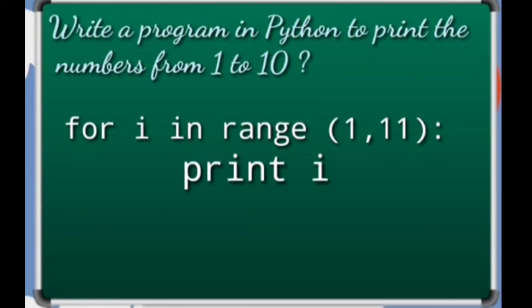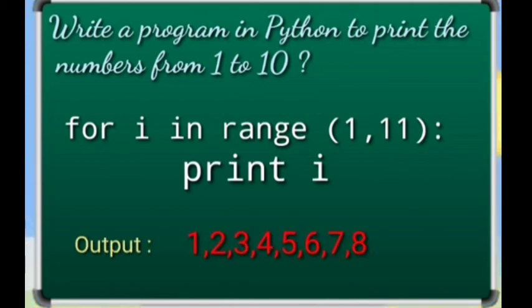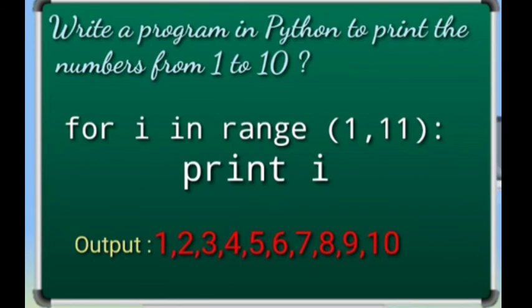Because the upper limit is always excluded in the for loop. So here i will be used as a loop variable which will read the numbers from 1 to 10 one by one, and they will be printed in a sequence by the interpreter. So this is how, students, we use the range function in the for loop.